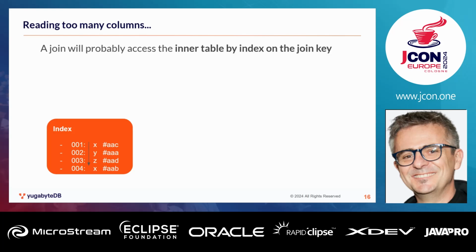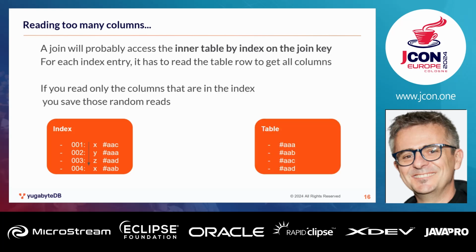So let's say you have an index, you have the key and other values in the index. And for each index entry, it will go to the table to get the column values that are not in the index. It's kind of a join. You don't see that as a join, but between the index and the table, it's kind of a join.